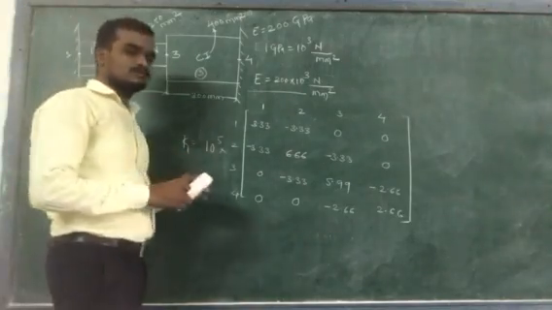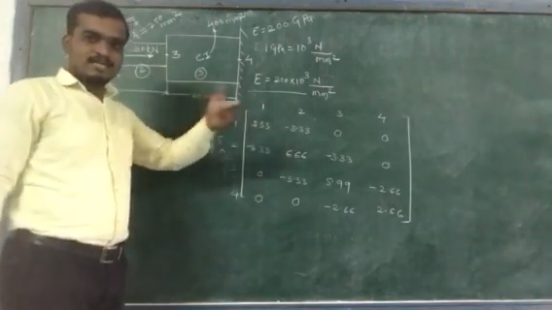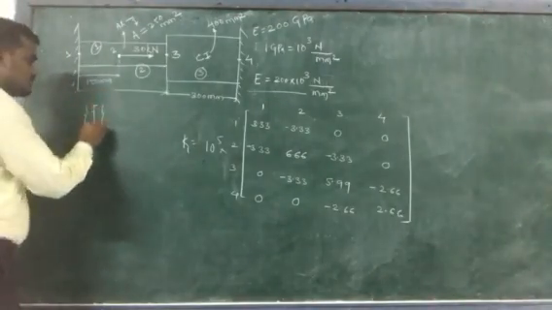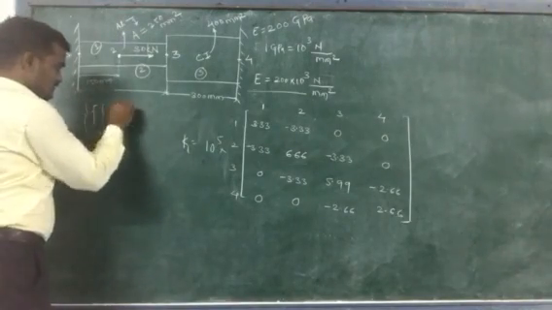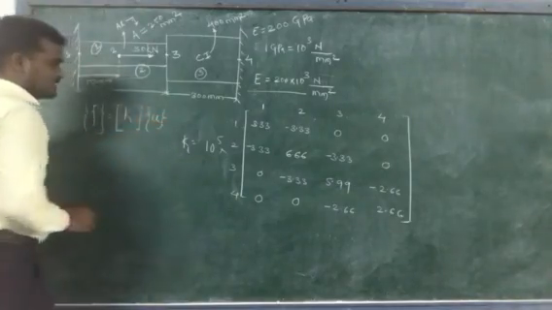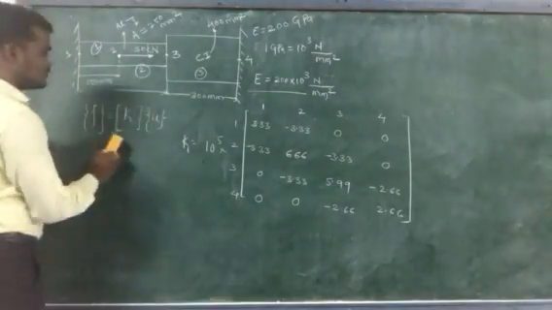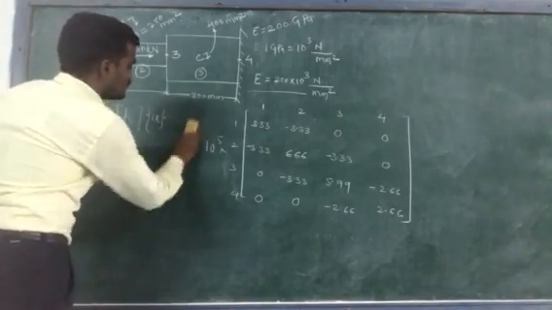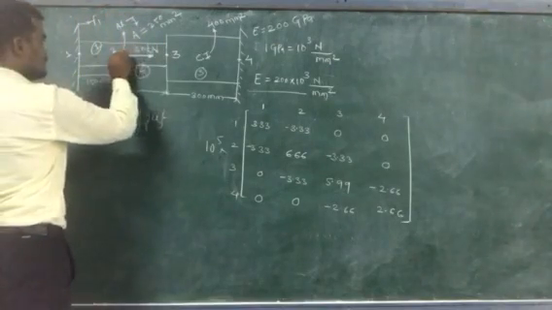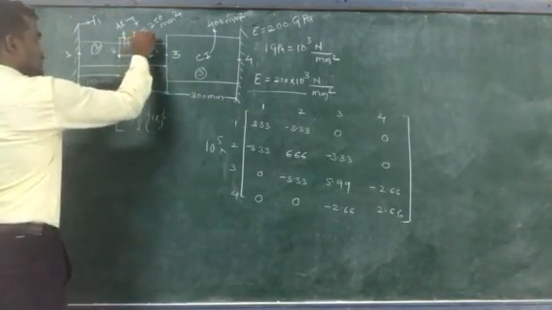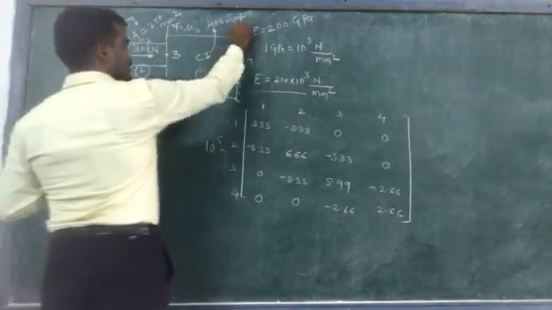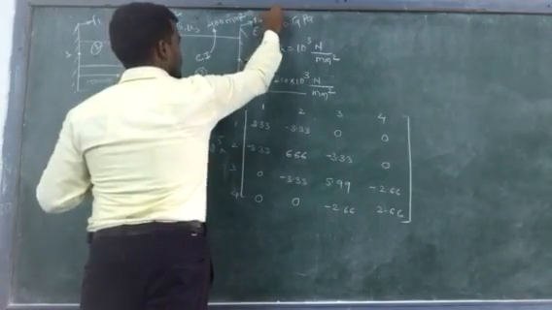Now next step is what? Write down the force and displacement relationships. As we know, the force and displacement relationship is given by the equation F is equal to the global matrix times the displacement vector. So for the first node F1, U1 should be there, here F2, U2, here F3, U3, and here F4 and U4 should be there.